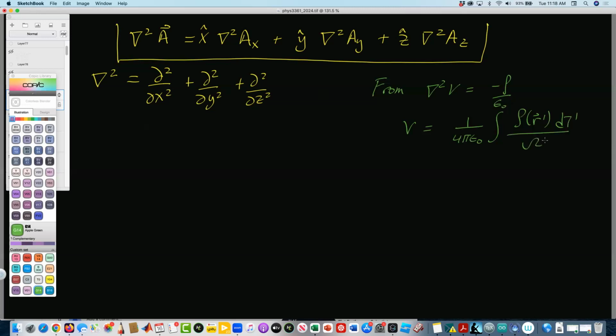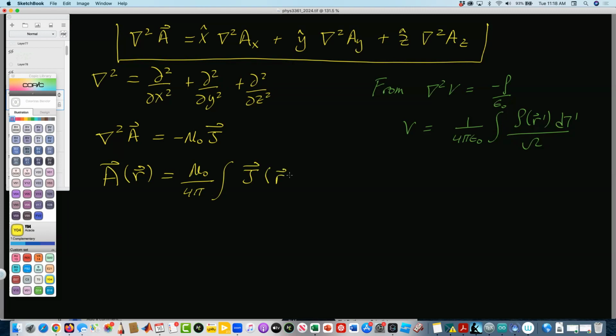We can do exactly the same thing for our del squared A. Ampere's law becomes del squared A equals negative mu 0 J. Now we can say A as a function of r is equal to mu 0 over 4 pi times the integral of the vector J as a function of r prime, d tau prime over omega.